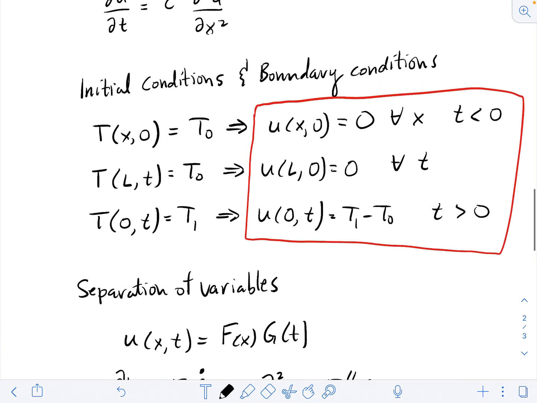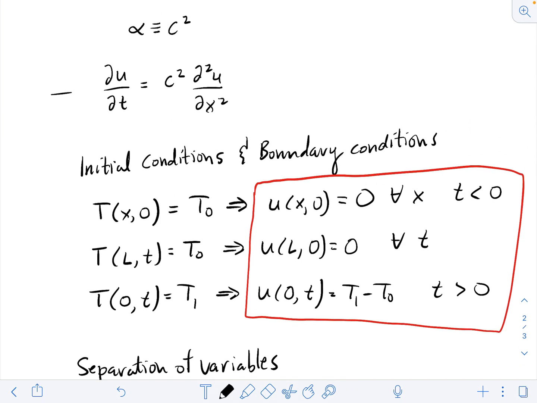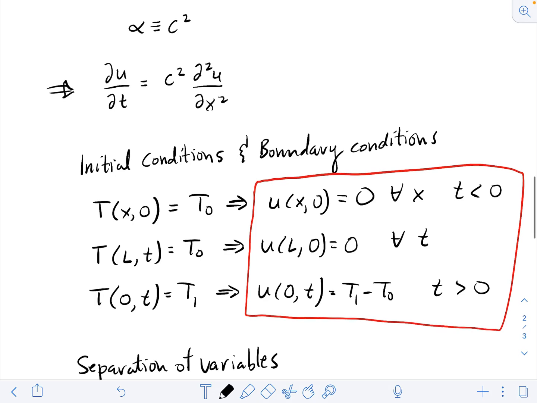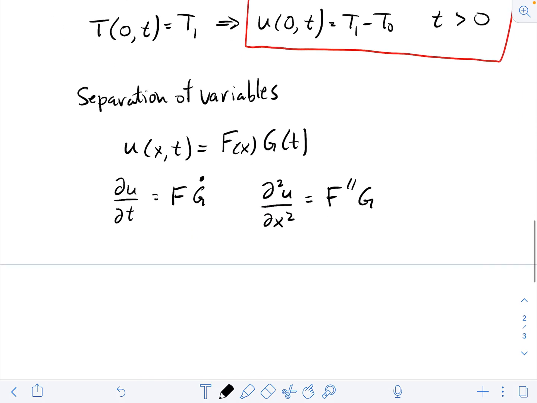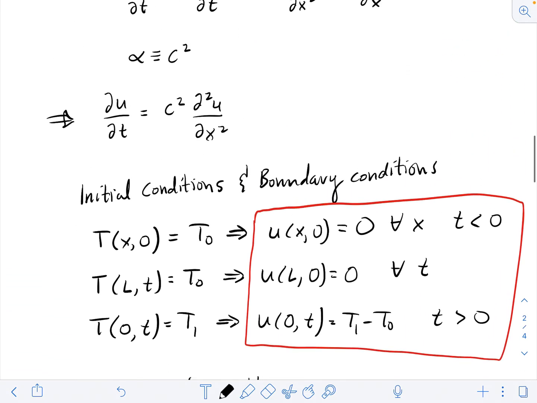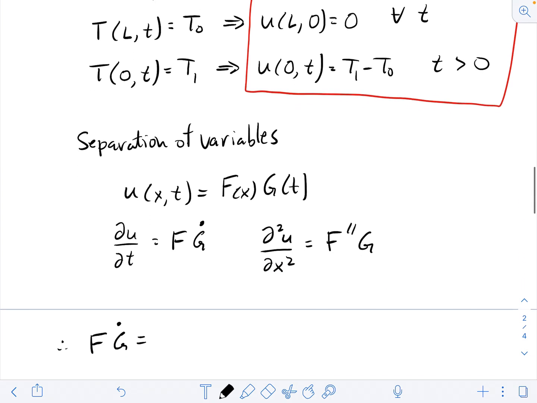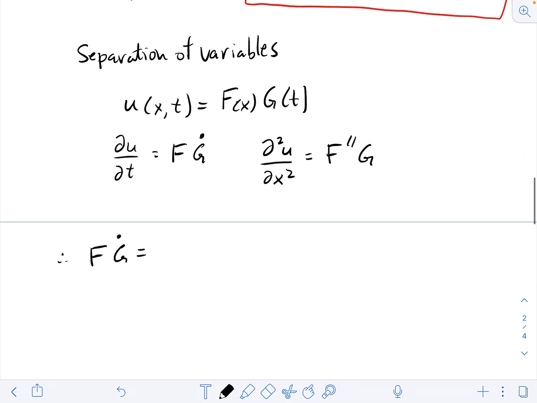Okay, so if we substitute this into our heat equation, we have du dt, which is f g dot, is equal to c squared times two derivatives of u with respect to x, and so that's f double prime g.